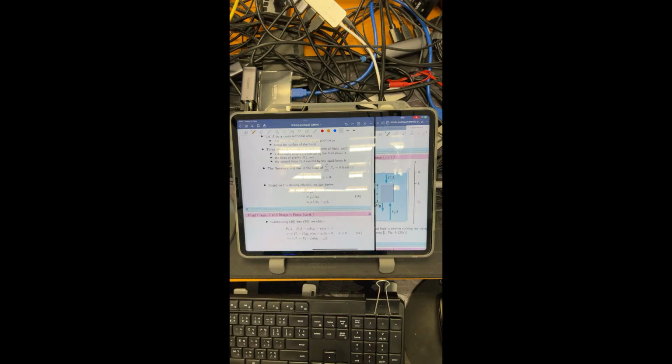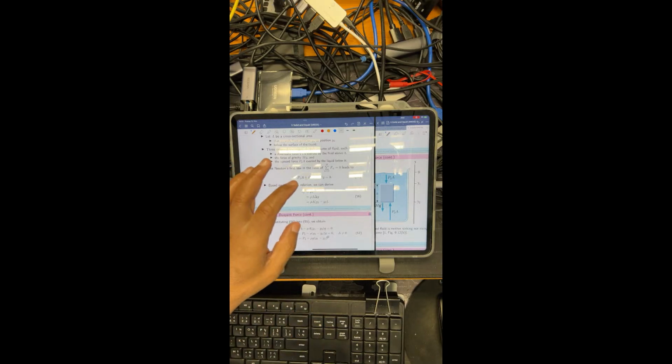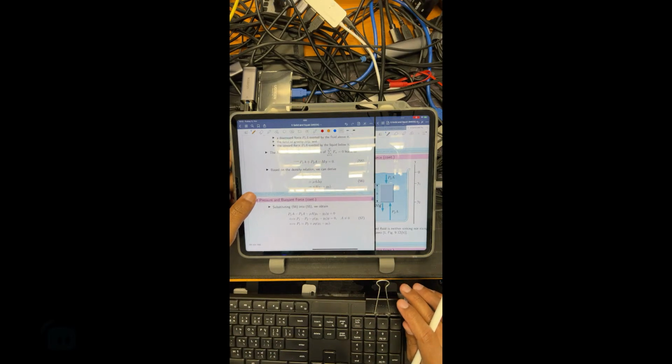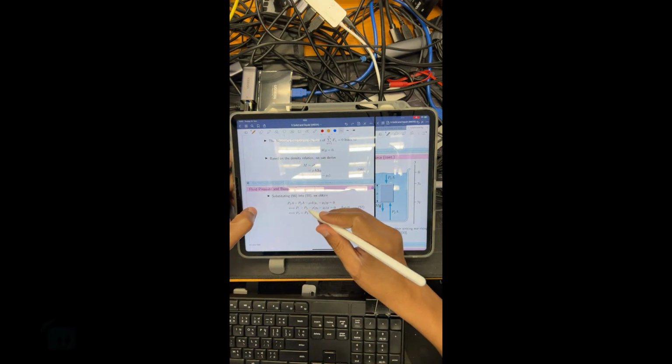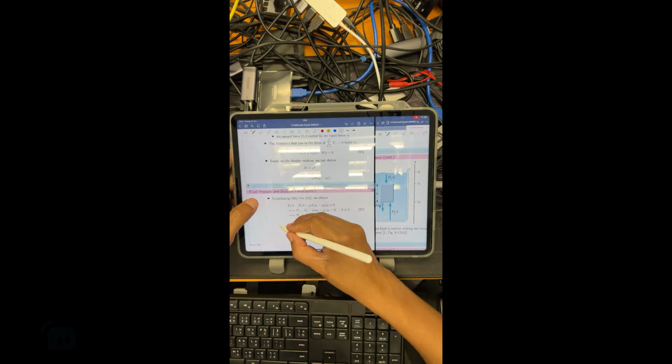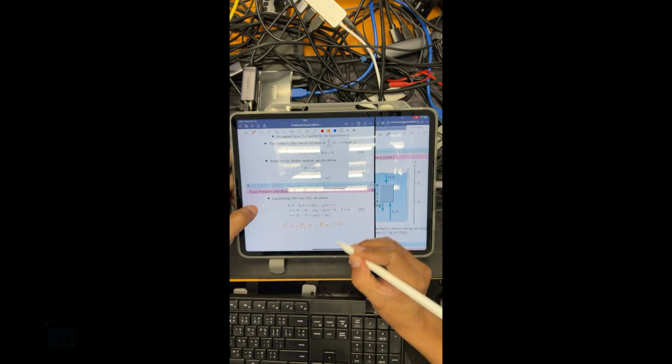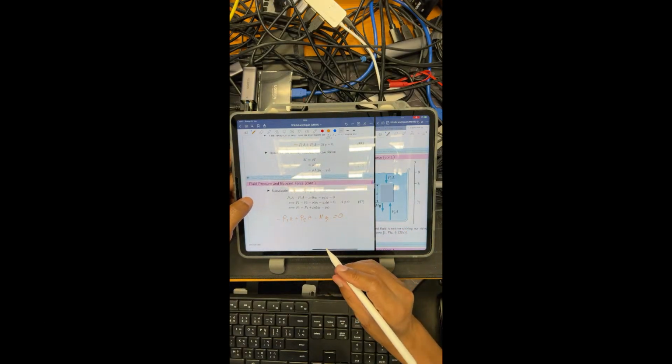And we move everything to the right hand side. We're gonna have P1 equal to P2 rho g y1 y2. Oh, this is incorrect. It should be P2. No, not this one. It's gonna be minus P1A plus P2A minus mg equals 0.